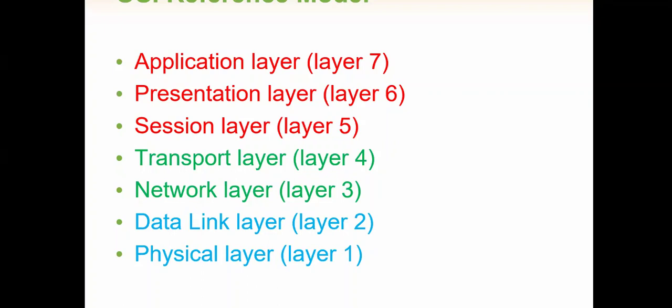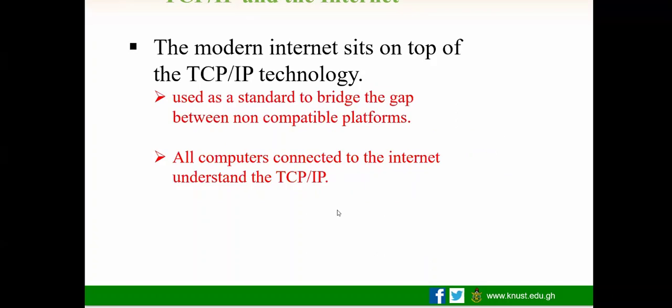It will go like that till it reaches the destination. So it is the data link that is responsible to deliver the message from your machine to the immediate neighbor. That is what we are talking about.